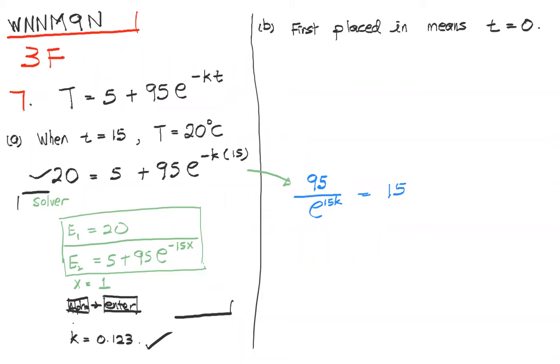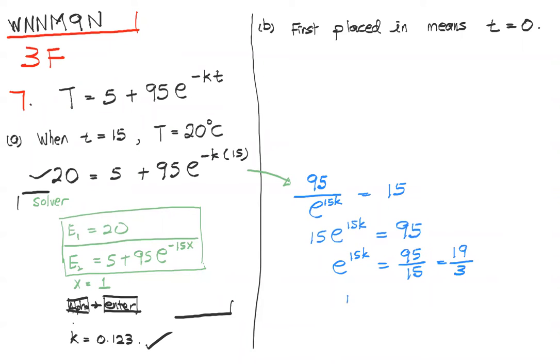So I have 15 e to the power of 15k is equal to 95. So e to the power of 15k is equal to 95 divided by 15. So this is equal to 19 over 3.